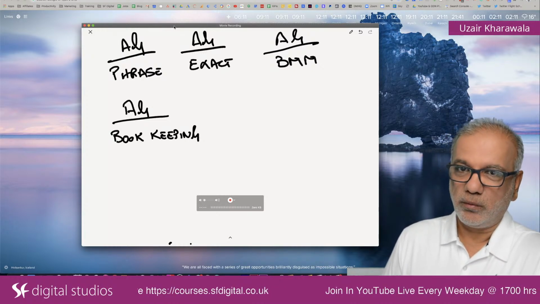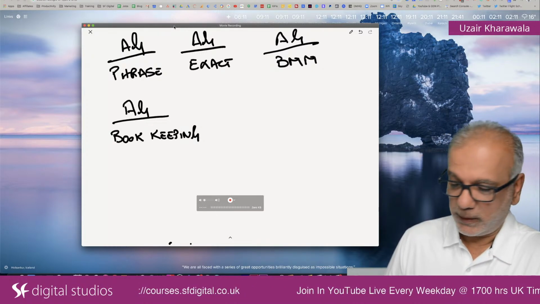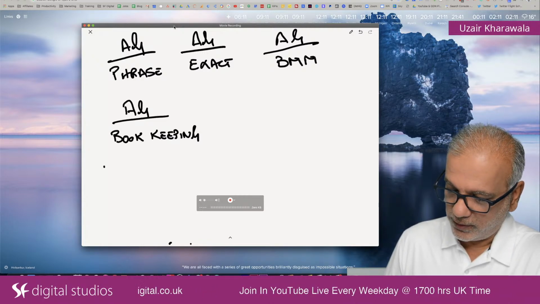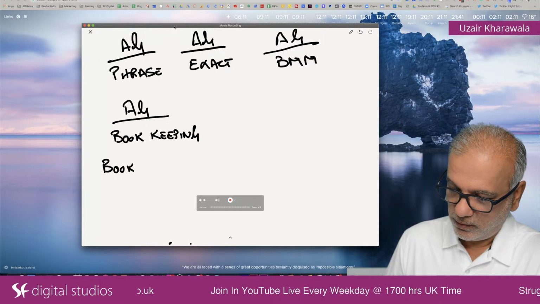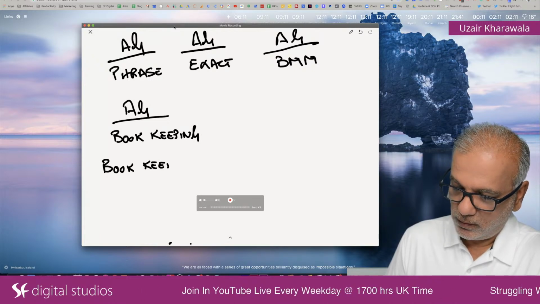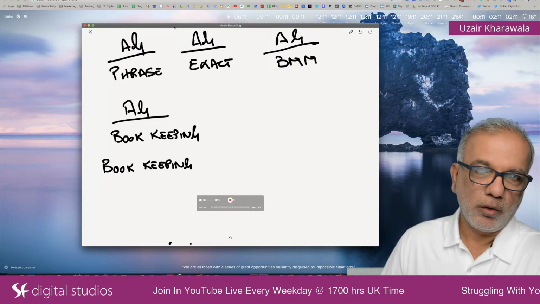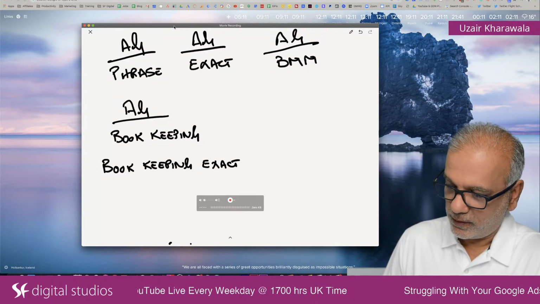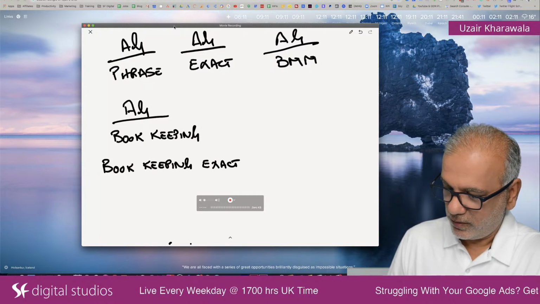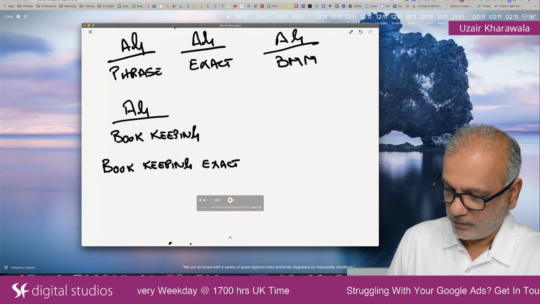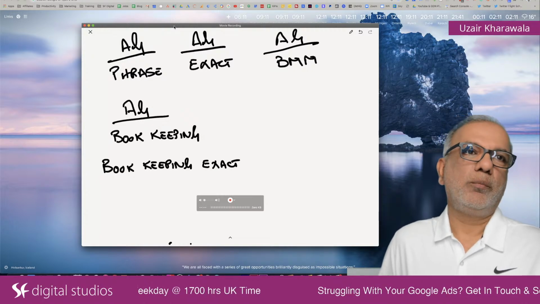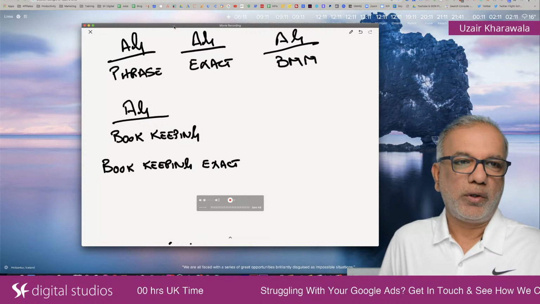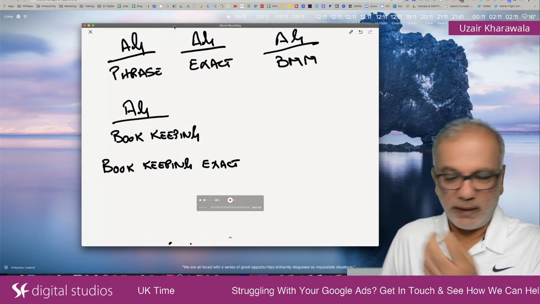So you don't want to call it ad group as the name of that ad group, because they will all look the same, obviously. So we would have the naming convention as bookkeeping or bookkeeper, and then we call it exact. So in this one, we will have all the keywords, whether it is, let's say, local bookkeeper, local bookkeeping, bookkeeping expert, or something like that, as exact match.